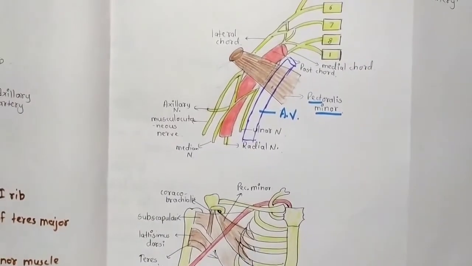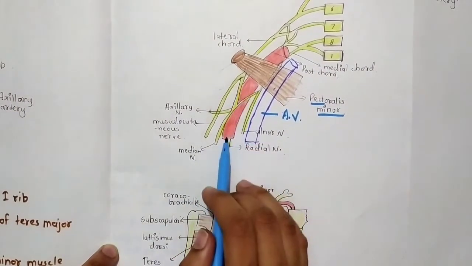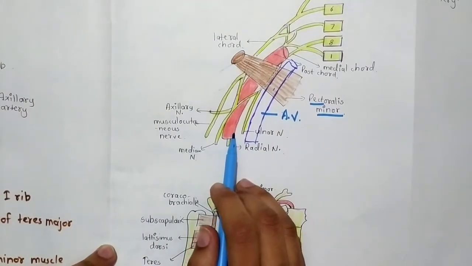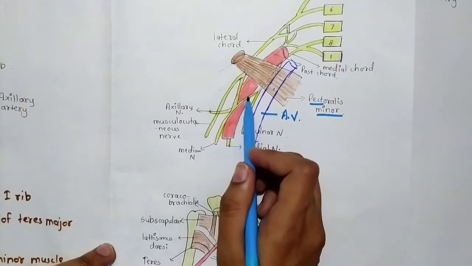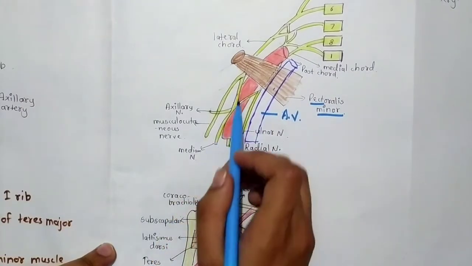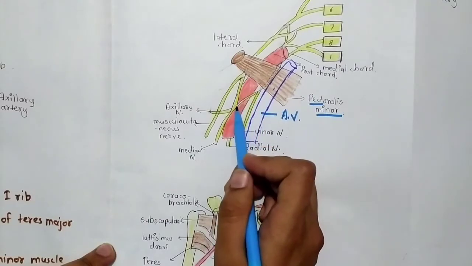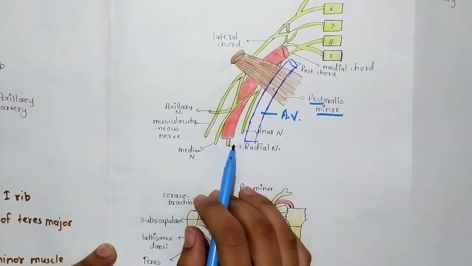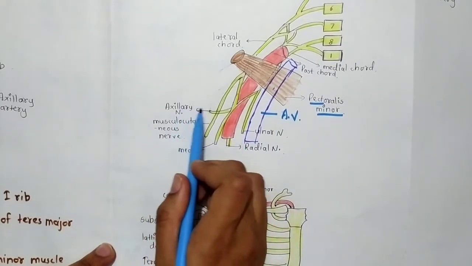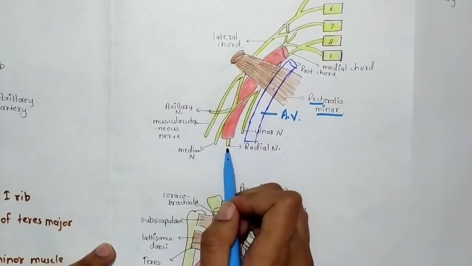Now we will see in the diagram. So this is the third part. In the anterior relation you can see this medial root of median nerve. This is the lateral root of median nerve and this is the medial root of median. In the posterior relation you can see this is the axillary nerve, which is coming from the posterior part, and this is the radial nerve.